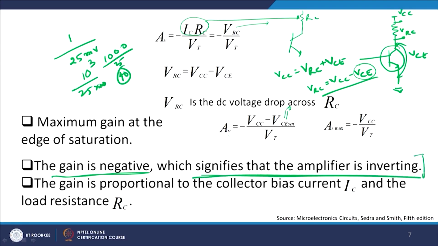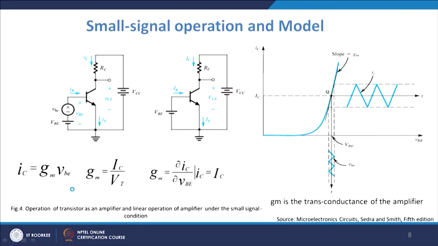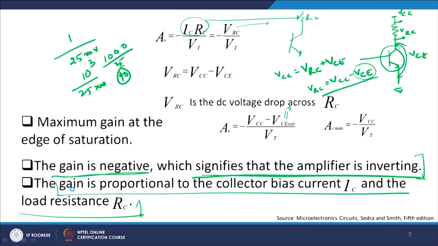Further, the gain is proportional to the collector bias current IC and the load resistance RC. This we have already seen, and you know the reason why the gain depends on the collector current.